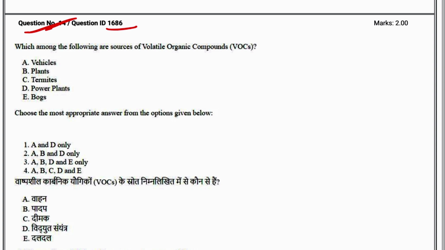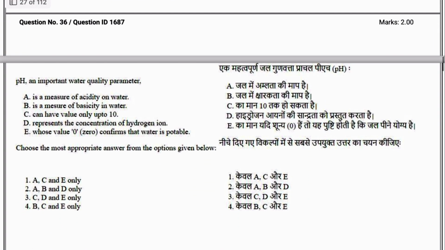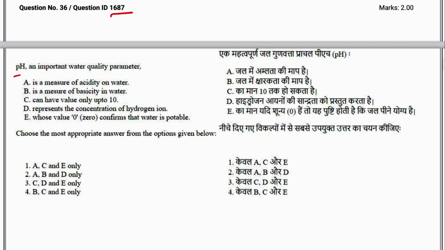Next is 86. Which among the following are sources of volatile organic compounds? Vehicles, plants, termites, power plant, bogs. All are. So 4 is the answer. Next is 87. pH, an important water quality parameter, is a measure of acidity of water. Yes. Basicity of the water.